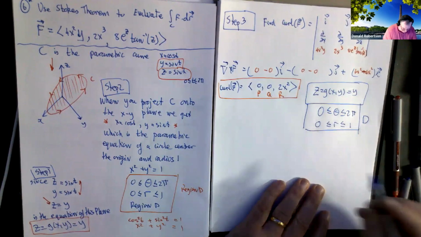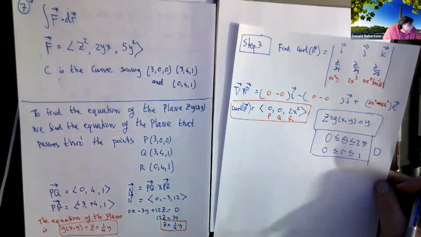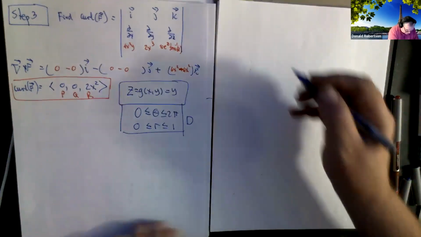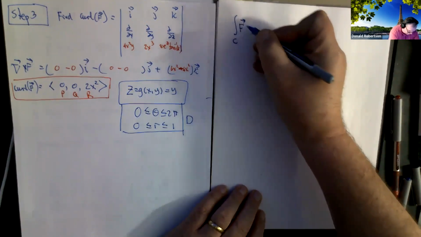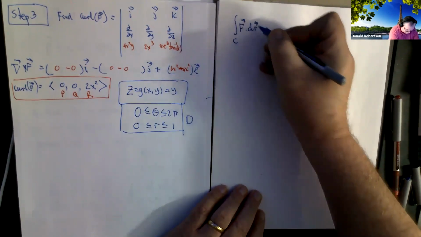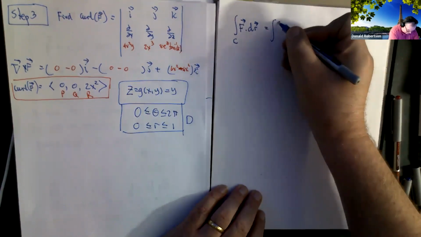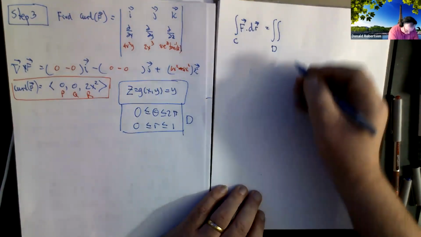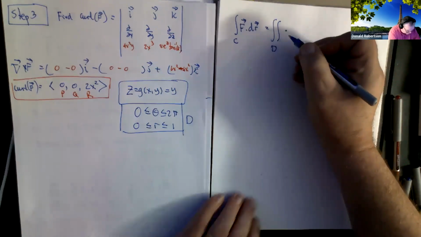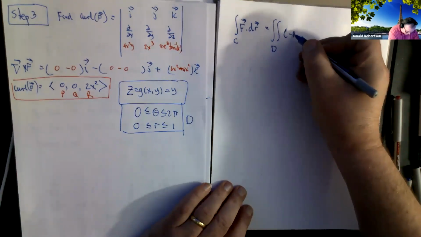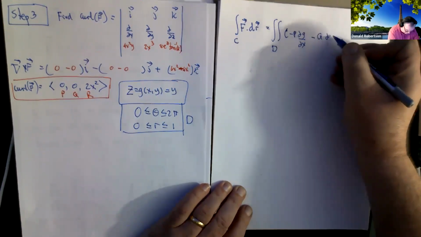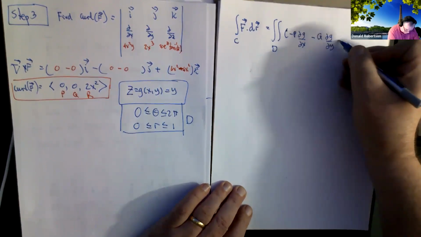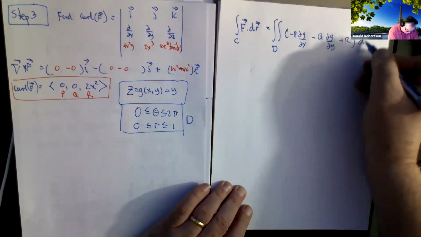So there's D. Right. So if you want to get the equation, then what you need to do is use this fella, which is essentially, there's more than one flavor of Stokes, but this is the version we're using. It's a double integral over D. We're then going to take negative P dg by dx, negative Q dg by dy, plus R dx dy.